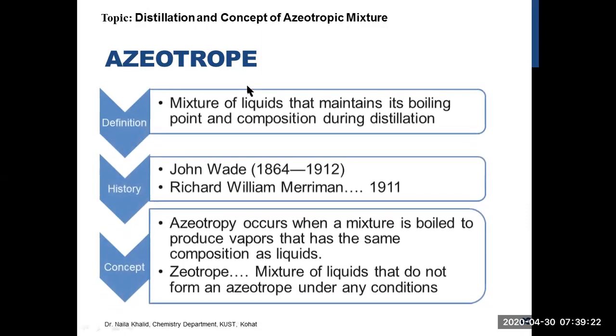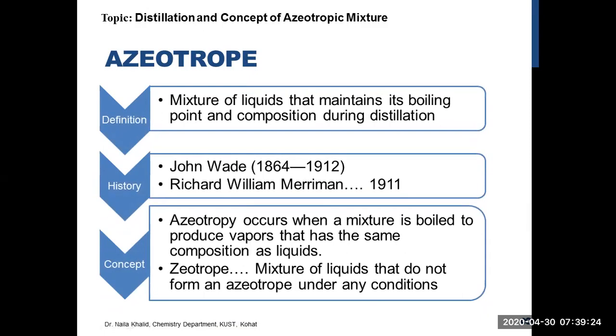But azeotrope is a special type of mixture because it has only a single boiling point, and its composition is also fixed. The two important parameters of an azeotrope are its fixed boiling point and its fixed composition.